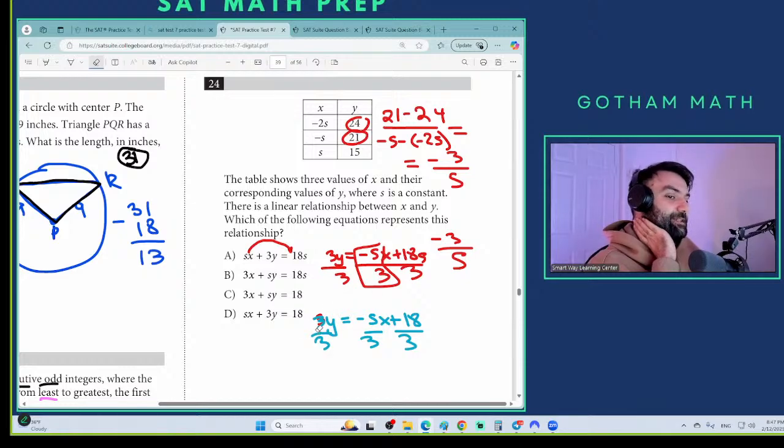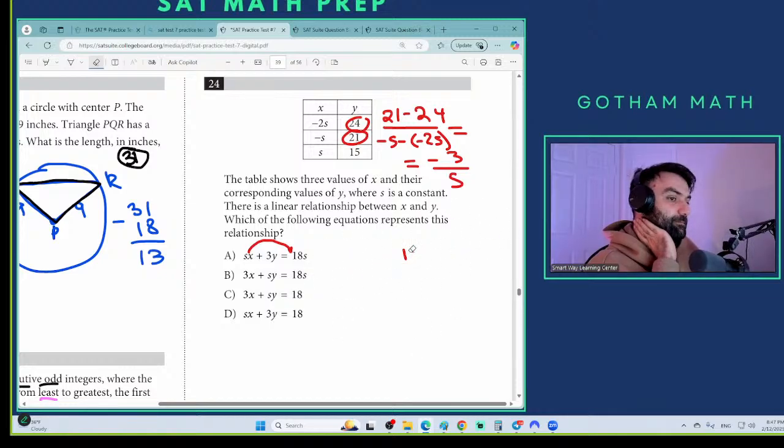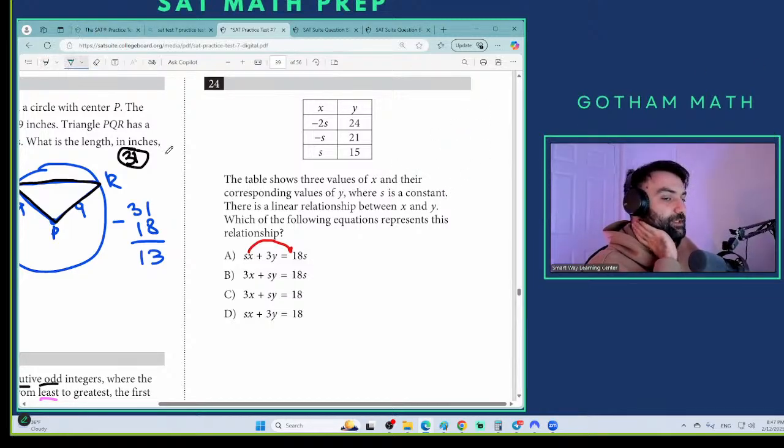I think it's D, but we need to make sure. Obviously, on the test, if I would pick this method, I would probably just stick with it and try to finish it right there and then.